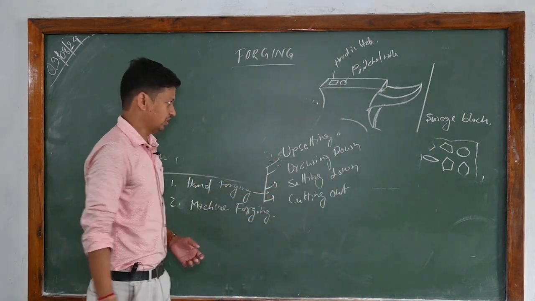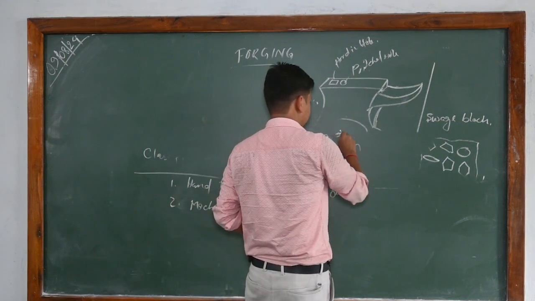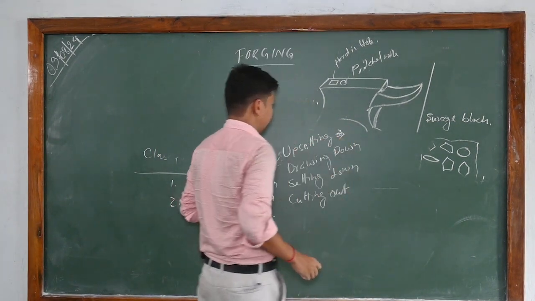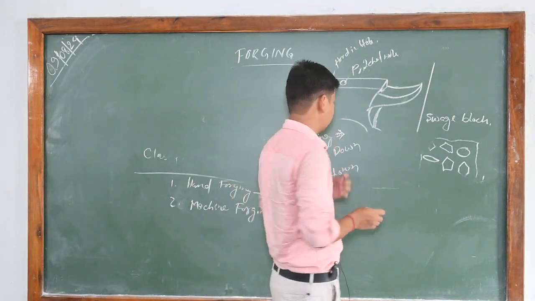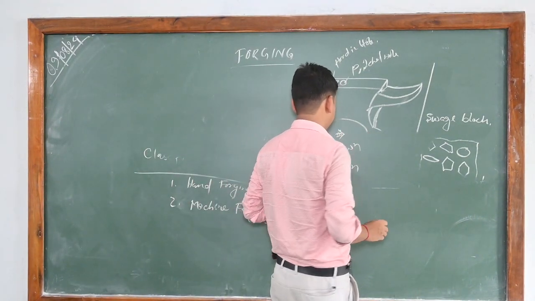In upsetting, we can see that the length is reduced and the cross section is increased.